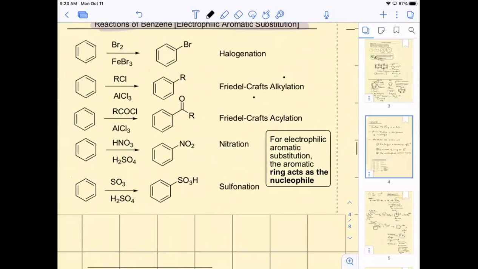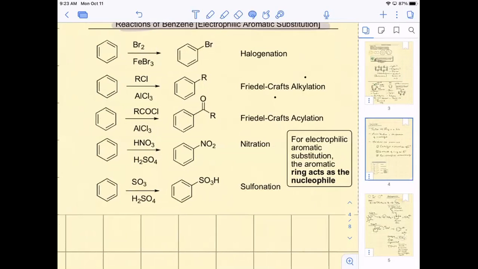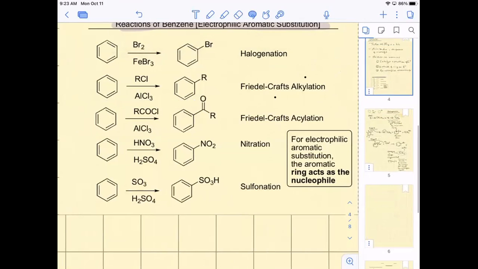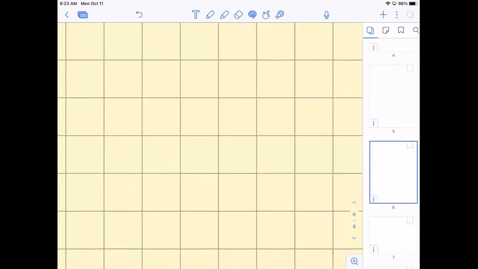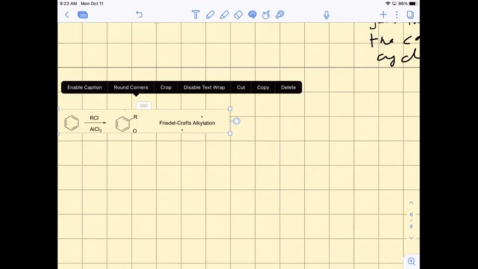All right, so let's take the alkylation reaction. All right, and this is a name reaction.